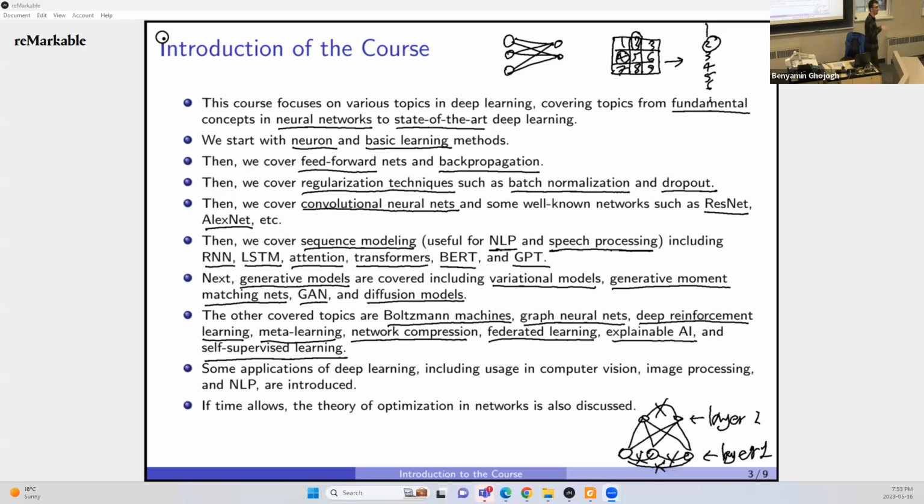In that, we have two networks: a teacher and a student. The teacher network is the big, original network. The student network is the smaller version, and the student tries to mimic or imitate the teacher. In this way, we have a smaller version of the bigger network. So this is network compression.